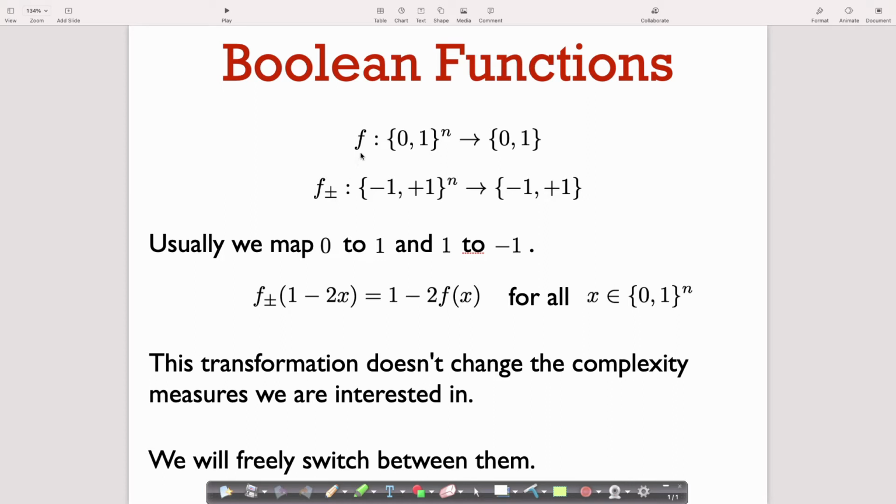So for any function f, we can consider its signed version, f plus-minus, just by doing this little transformation. And this transformation doesn't change any of the complexity measures of the function that we're interested in. So we're going to freely switch between these two representations.